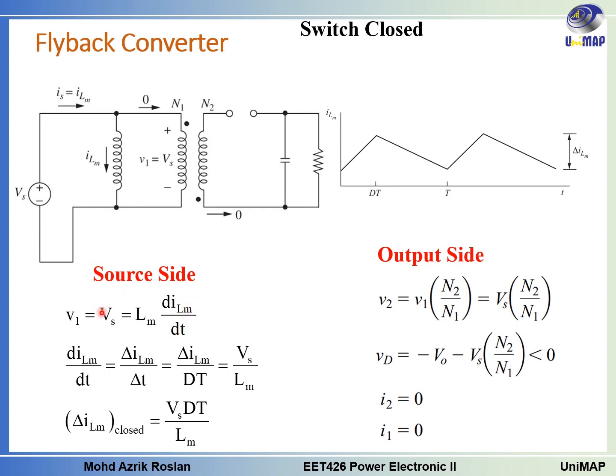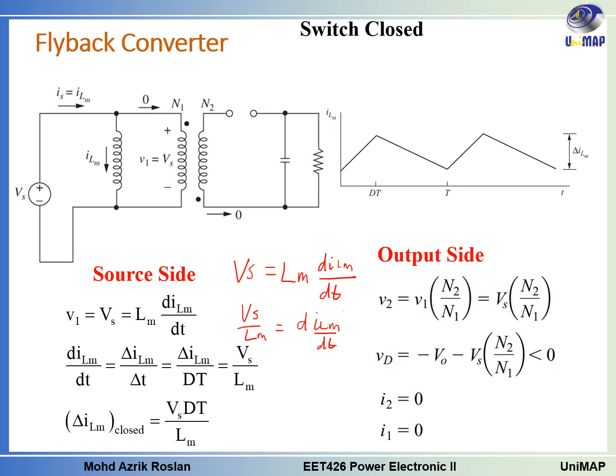From this equation, I try to write here. We have Vs over Lm equals dilm over dt.